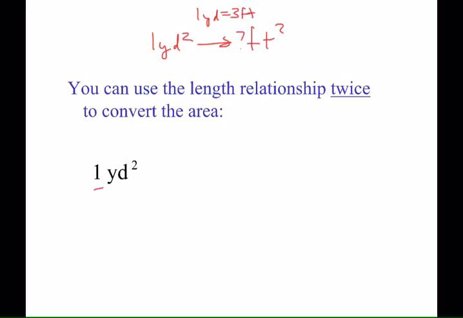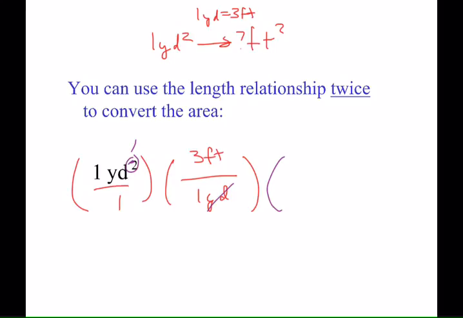So I'm going to use that to my advantage. My next term is going to be 1 yard over 3 feet. Now, if I were to stop right there, yards would cancel. Actually, only one of these yards up here would cancel. I would cancel 1 and leave 1. So I'm fine then if I want to introduce one more term of 3 feet over 1 yard.